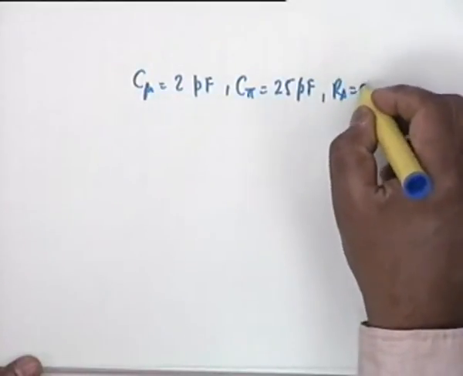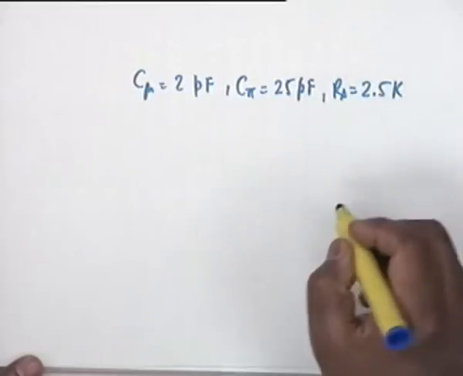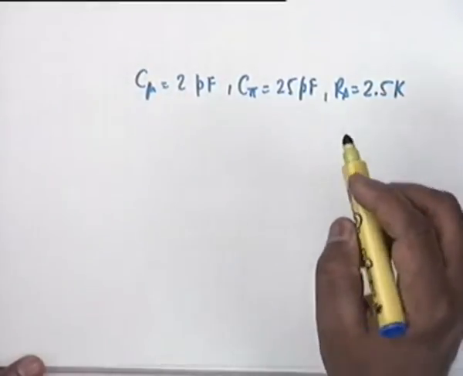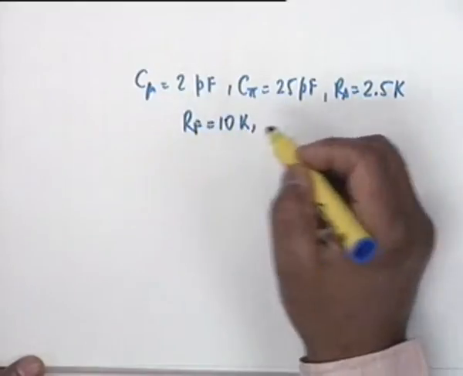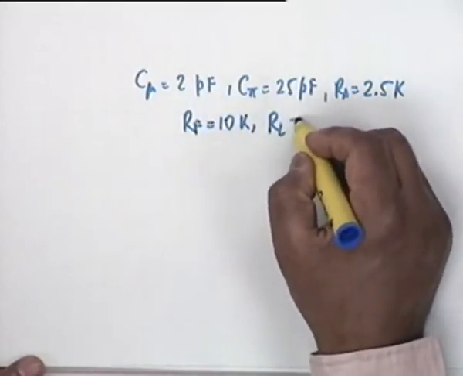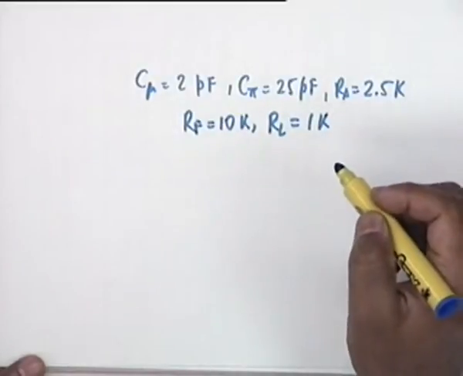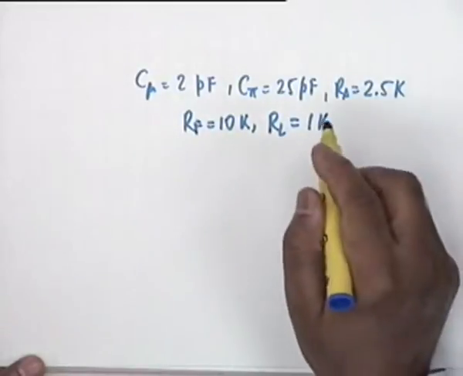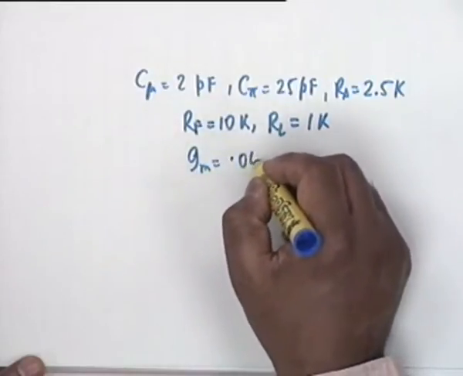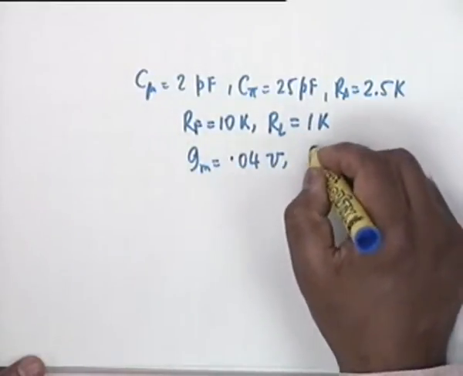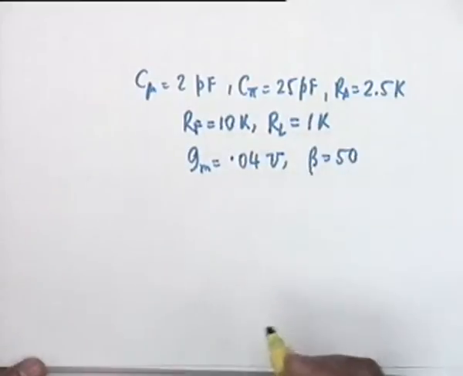RS was not given earlier, it was not required, RS is 2.5 K, let us say. RF was given as 10 K earlier, RL was also considered earlier, 1 K, in calculating the input and output resistances. The GM for the transistor was 0.04 mho and beta equal to 50.